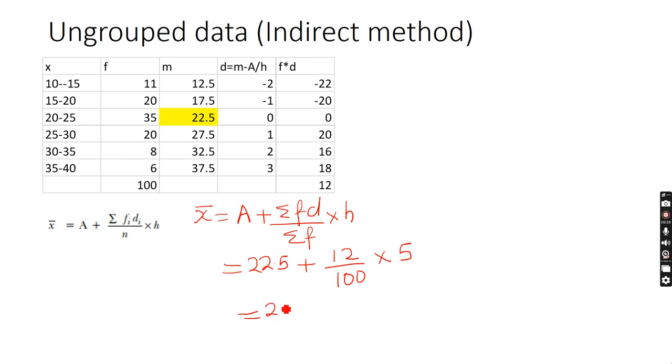Let's do the calculation. 22.5 plus 12 divided by 100 is 0.12, multiplied by 5. And if I do this, I would get the answer 22.5 plus 0.12 into 5 is 0.6.